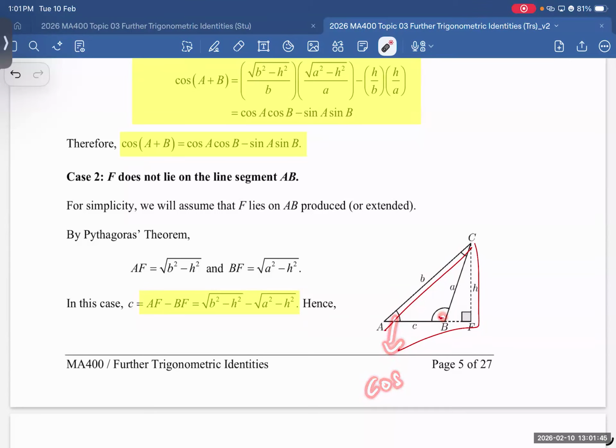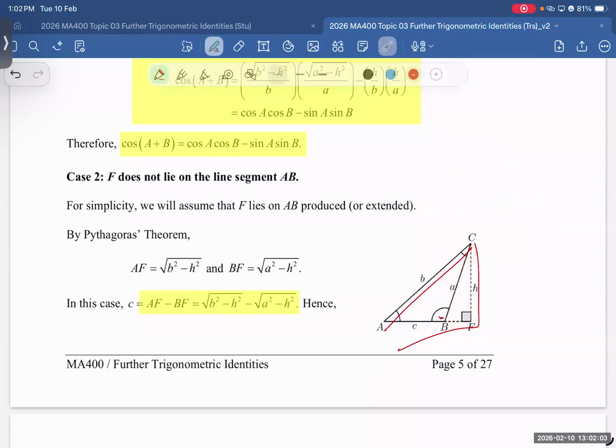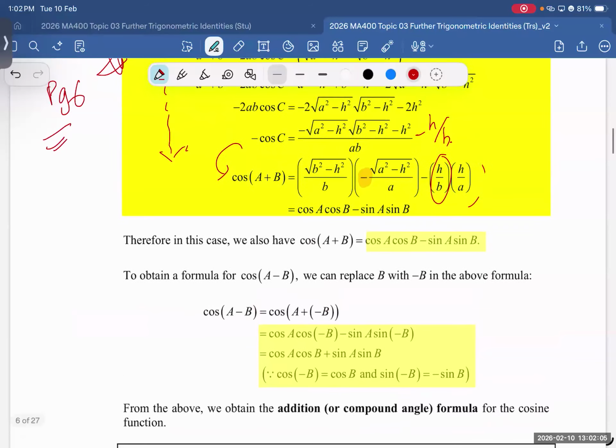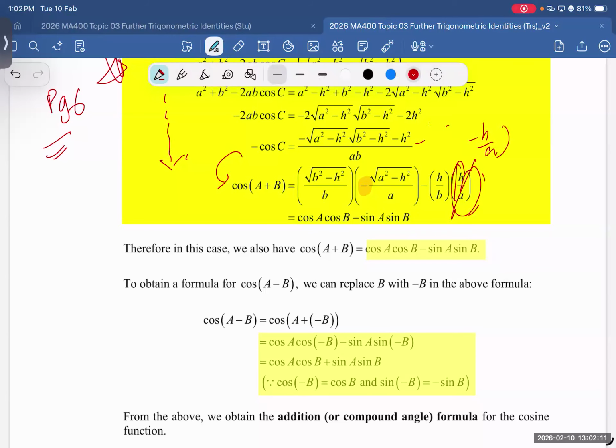Cosine of this. You get it? So you can see from here, cosine b is the negative of h over b. Sorry, wrong. So here, this one should be negative of h.